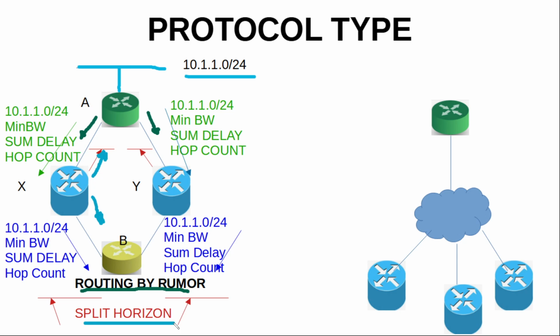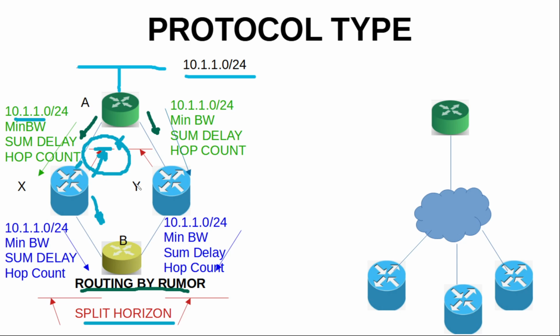A split horizon rule establishes that if a router receives an update for a certain prefix on a certain interface, that router must not send this update back for this prefix on this interface. So using this rule, this update will be blocked. Thanks to split horizon, we are going to avoid having update loops.